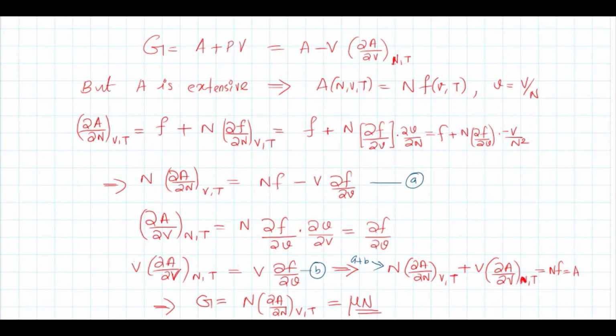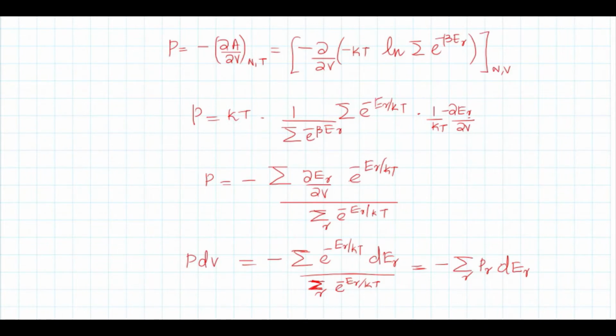So you will get G is equal to mu n. So Gibbs free energy is actually chemical potential into number of particles in the system. G is equal to mu n. This is a very famous relation, so that you can obtain from here by using this concept, the concept of A as an extensive quantity, you can arrive at the relation for G as mu into N.